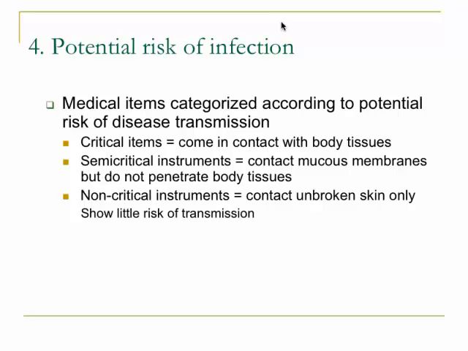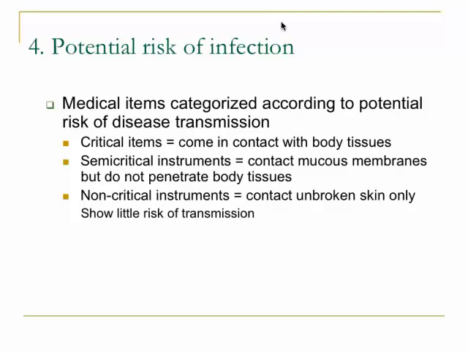So a critical item would be like a pacemaker or something, right? Yeah, any kind of artificial or mechanical instrument that would be implanted into your body would be a critical item.